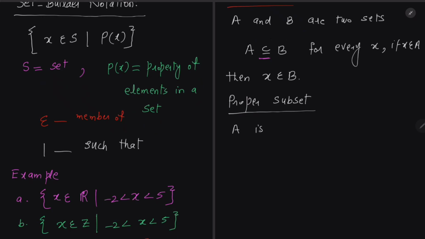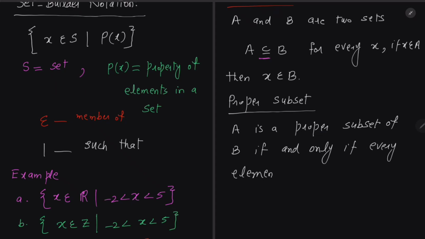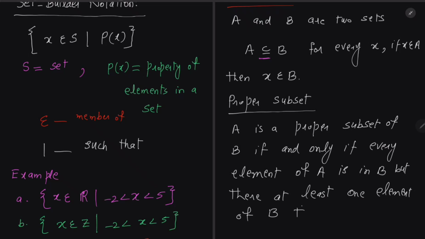A is a proper subset of B if and only if every element of A is in B, but there is at least one element of B that is not in A.